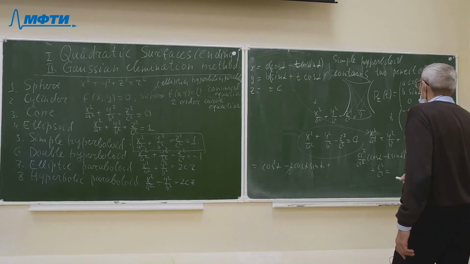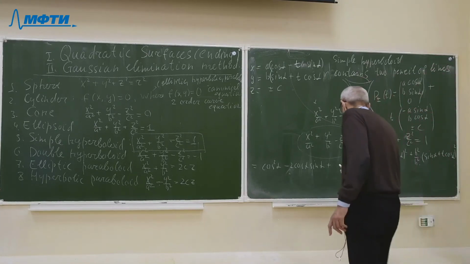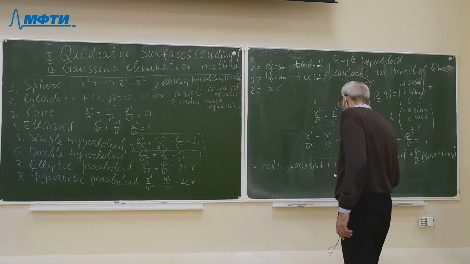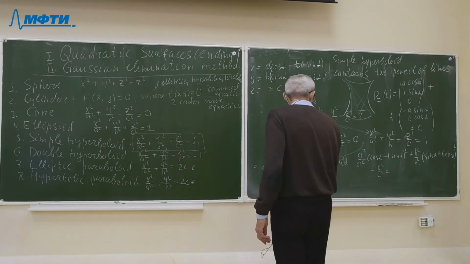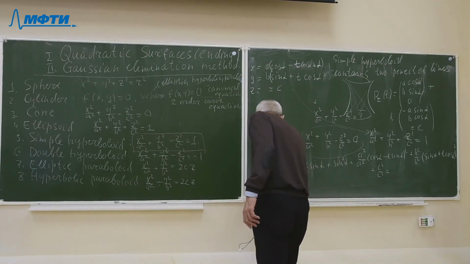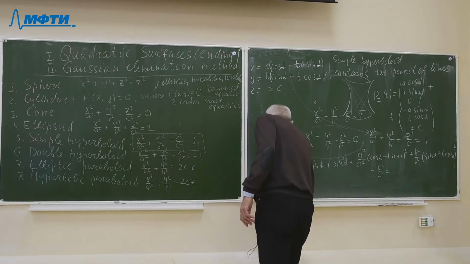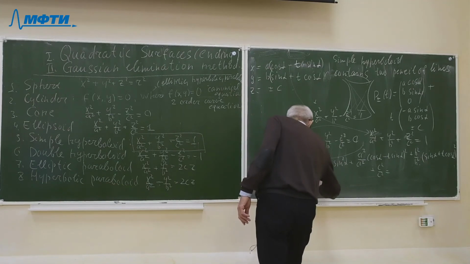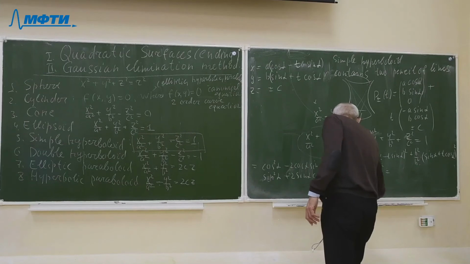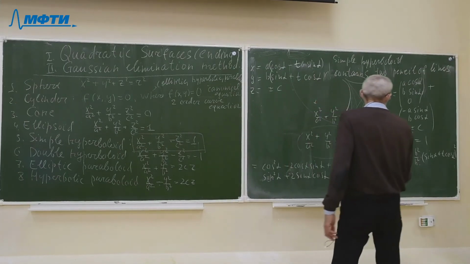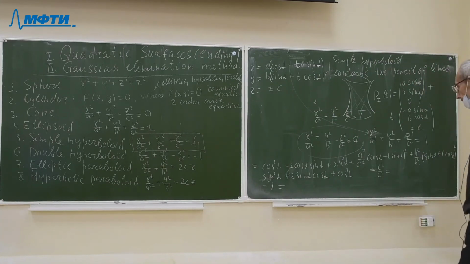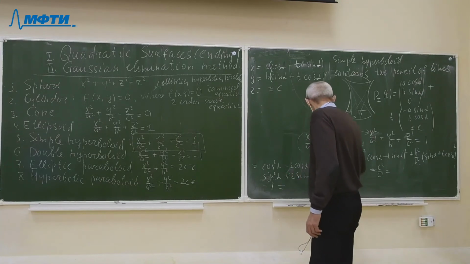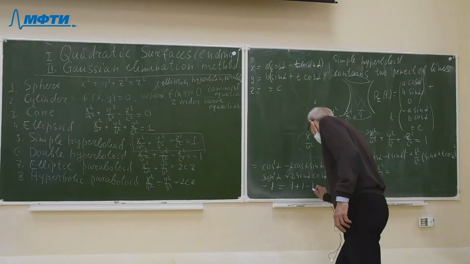plus sine squared alpha, plus sine squared alpha plus 2 sine alpha cosine alpha plus cosine squared alpha, minus 1 is equal to: cosine squared plus sine squared is 1, sine squared plus cosine squared is 1, and plus 1 minus 1 is equal to 1.